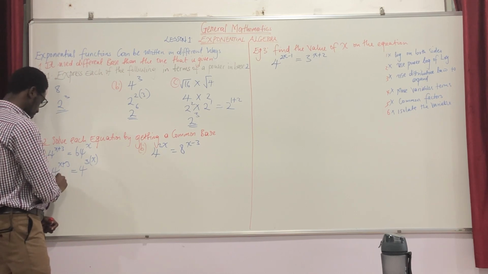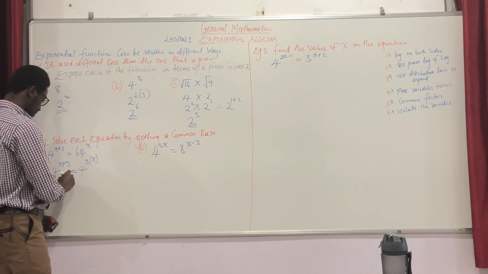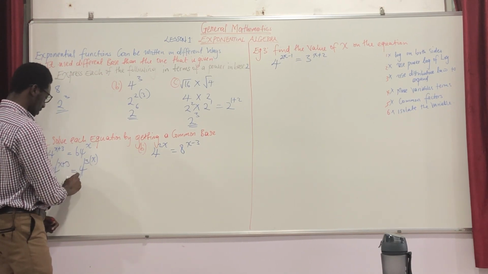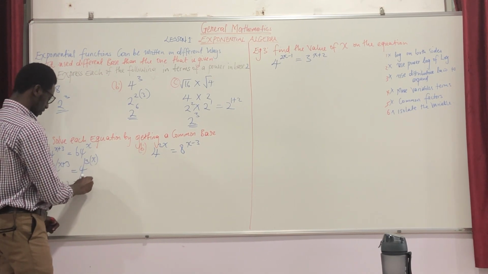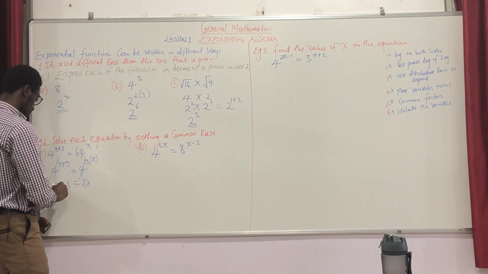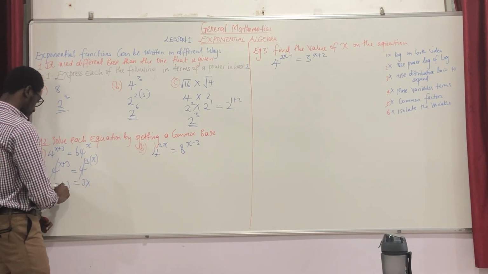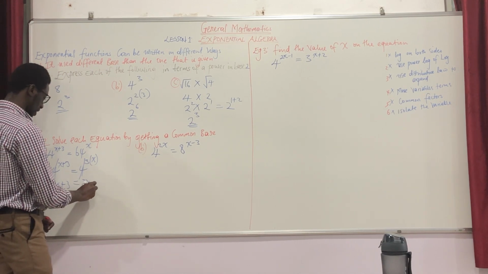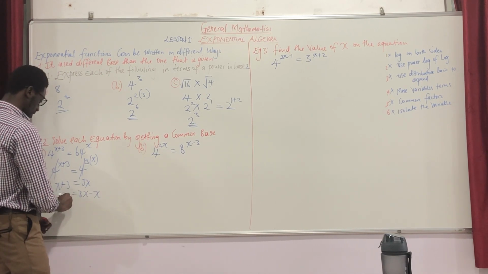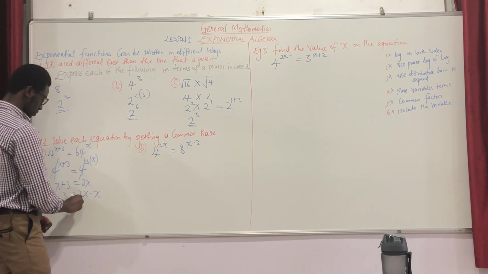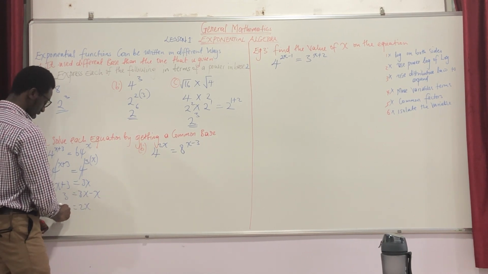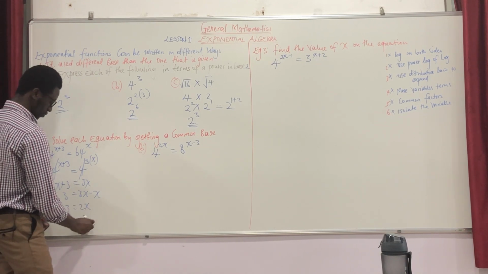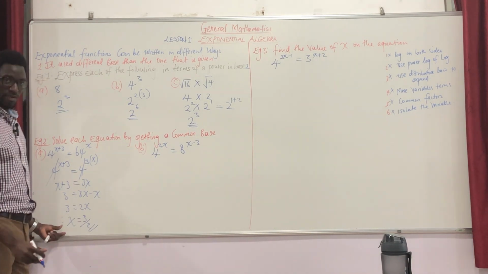So we say x plus 3 is equal to 3x. We'll transpose x, so we say 3 is equal to 3x minus x. So here 3 is equal to 2x. Therefore our x here is 3 over 2. So this is the answer for this.